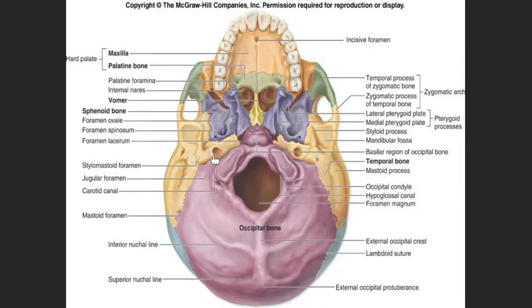Next, behind this there is one more large opening that is called the jugular foramen. In front of the jugular foramen there is another foramen called the styloid foramen. Where is it present? Between the styloid process and the mastoid process.